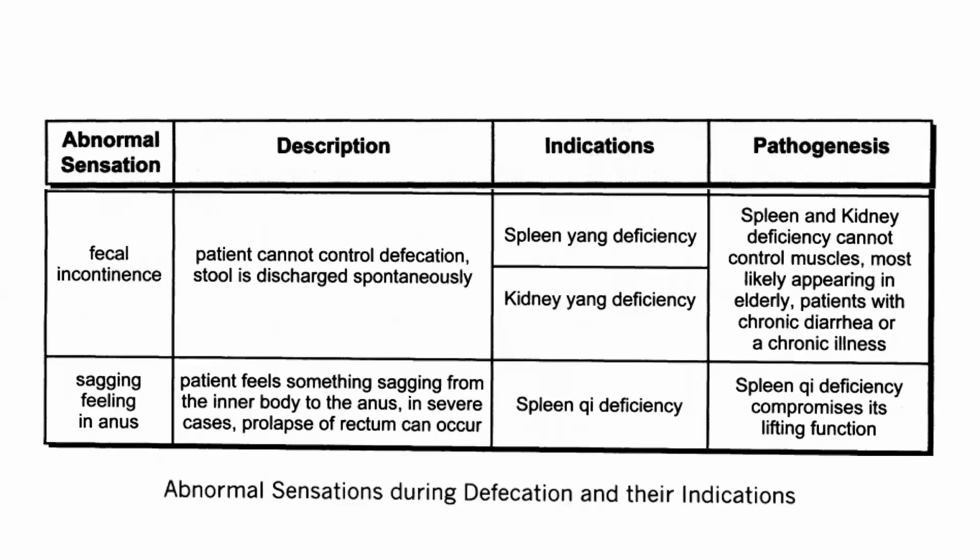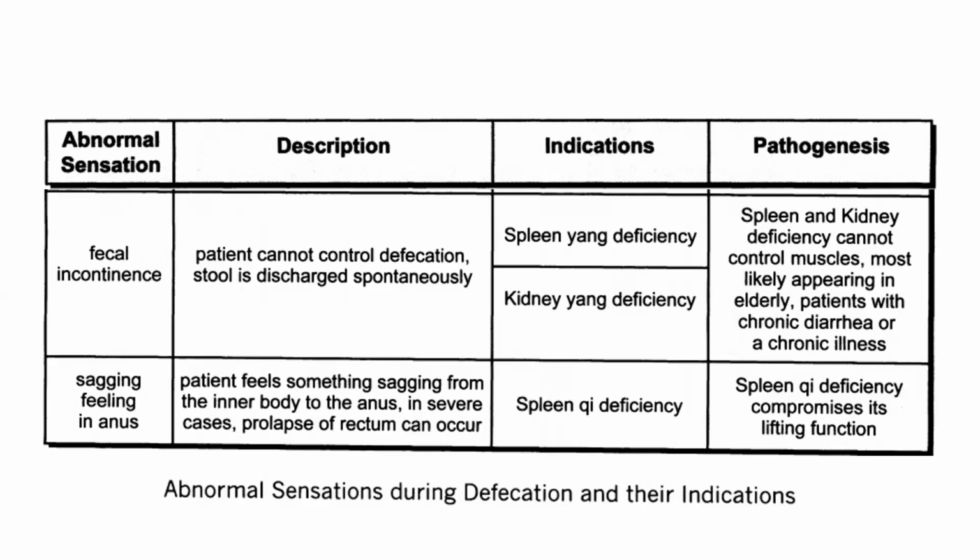Next, if there is fecal incontinence, the patient cannot control defecation, and stool is discharged spontaneously. This indicates spleen yang deficiency or kidney yang deficiency. For the pathogenesis, it is spleen and kidney deficiency that cannot control the muscles, most likely appearing in elderly patients with chronic diarrhea or chronic illness.